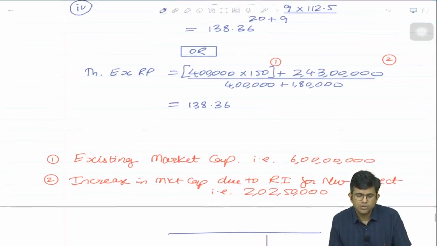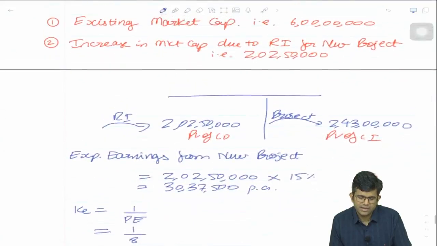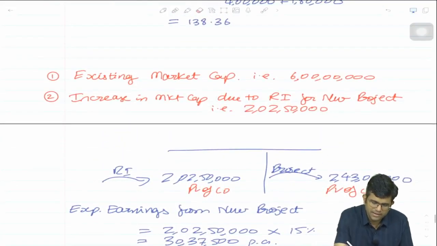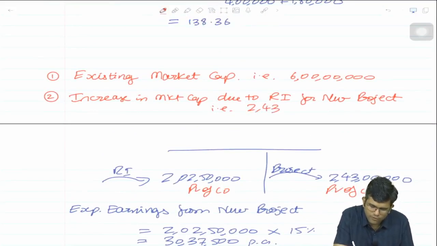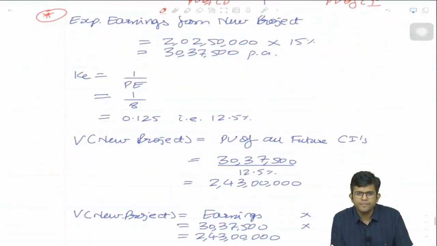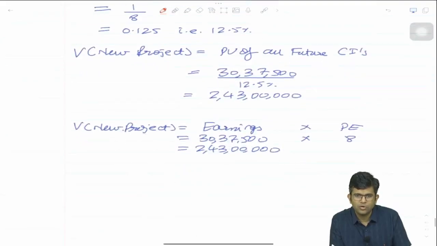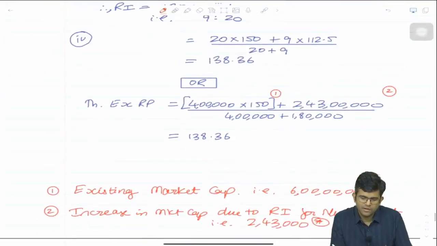Done. So students, this I will write, that is 2 crore 43 lakh. I'll put a star here and a star here and connect it. Everyone clear? How I got 2 crore 43. So tell me now, what is the new number?